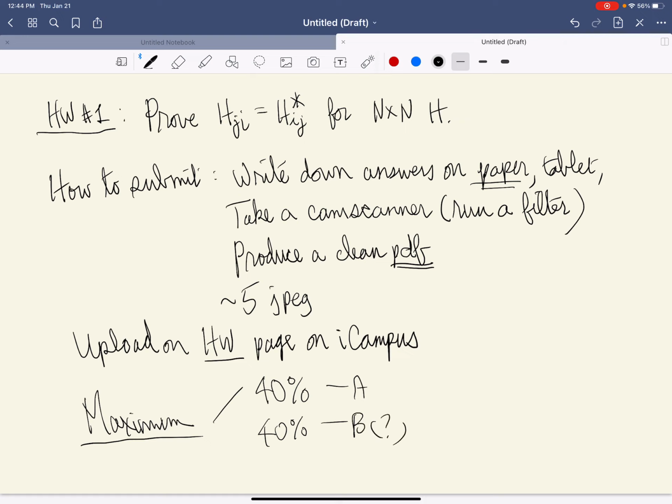I will simply max out those allowed allocations. So if you are within this top 40% peer, then your grade will be either A plus or A. And if you're within the total top 80%, then your grade will be either B plus or B. So that's my policy, and I hope you like it.